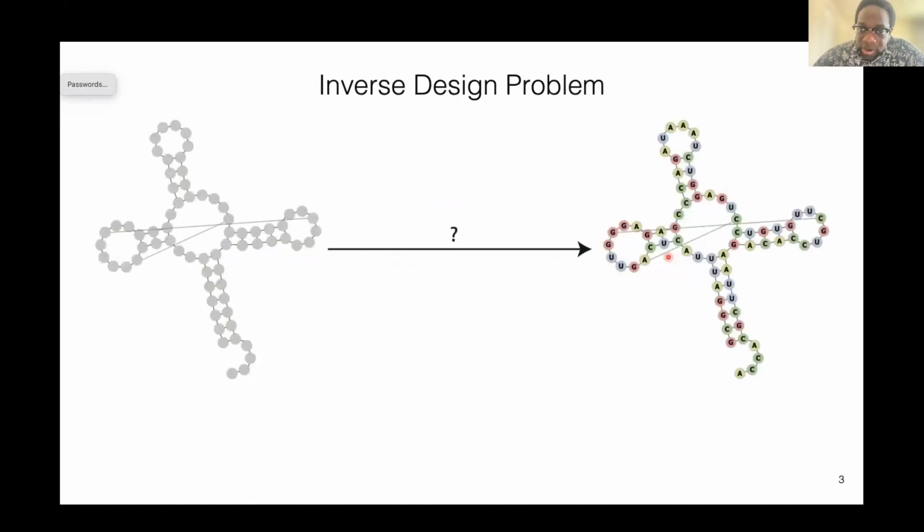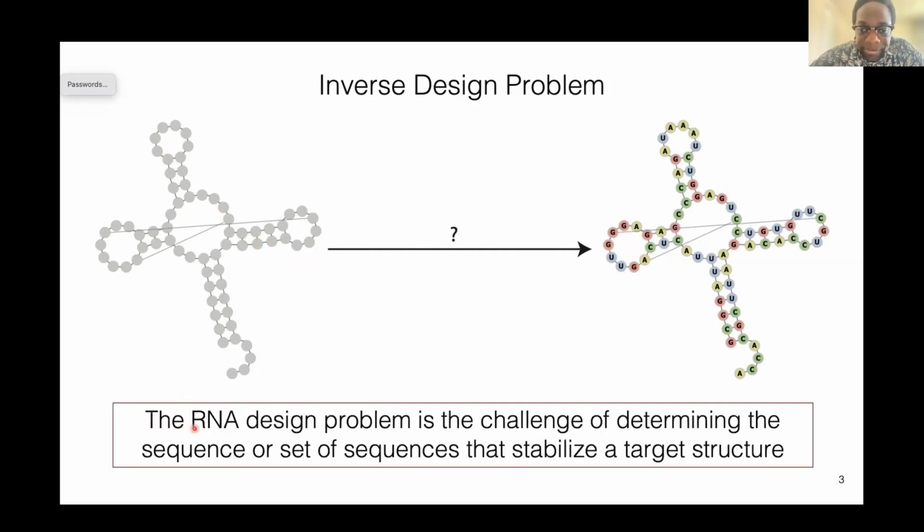Today, what we will talk about is not 3D structure prediction, but the inverse problem. This is the idea of starting from the secondary structure, filling in the missing information, and getting access to the sequence that would stabilize a particular structure. And so the design problem, as you are all aware, is the challenge of determining the sequence or a set of sequences that stabilize a target structure.